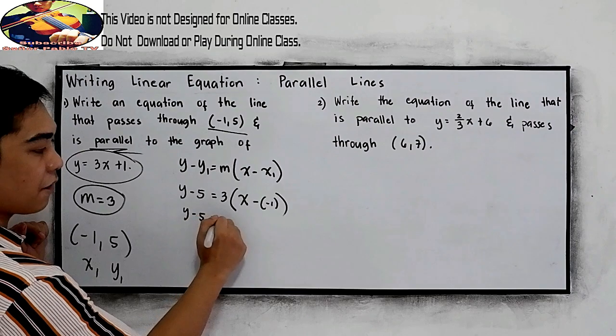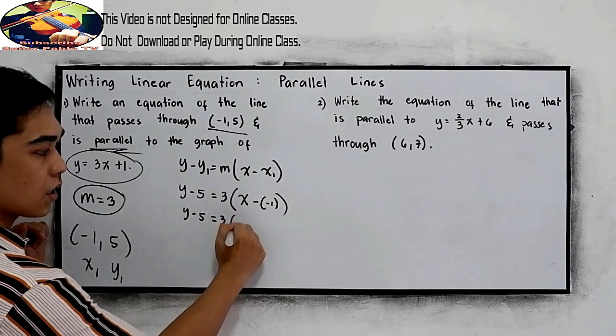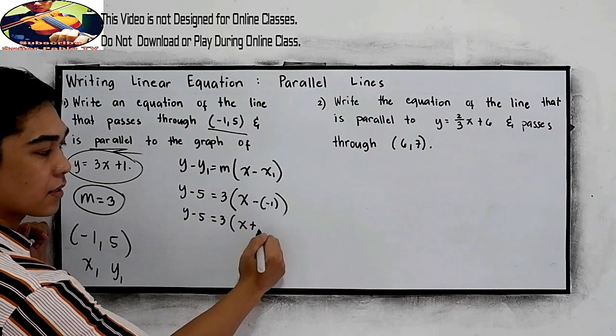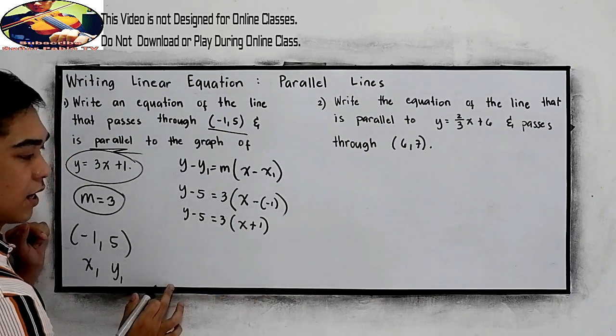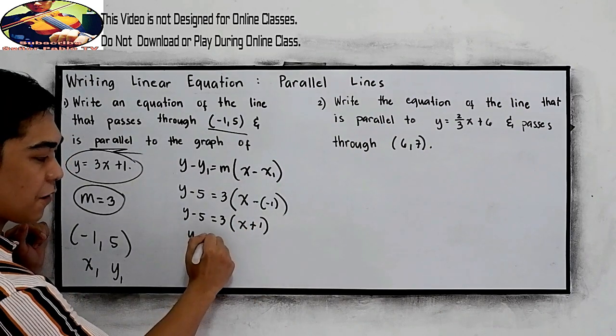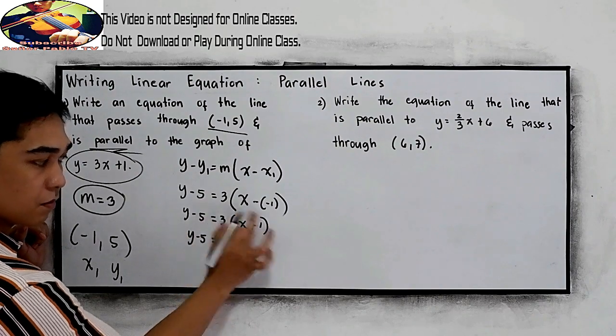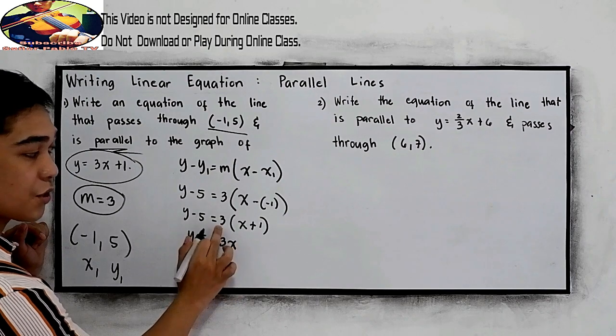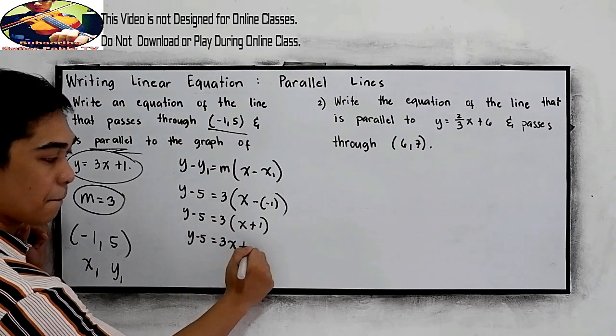Y minus 5 is equal to 3 times x, negative times negative, positive 1. Y minus 5 is equal to, distribute, 3 times x, 3x, 3 times positive 1, positive 3.